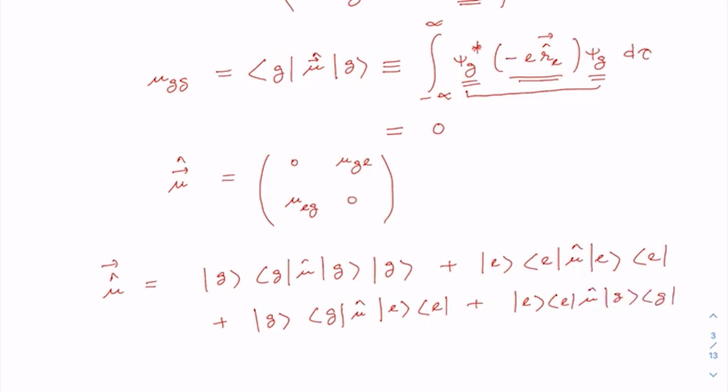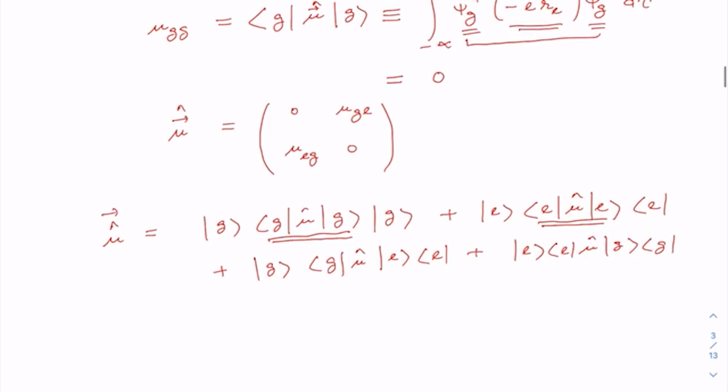So all the four terms I have written now. Now this term is mu_gg, this term vanishes, similarly this term also vanishes, so therefore I can write it as ⟨g|mu|e⟩ times |g⟩⟨e| plus |e⟩⟨g|.